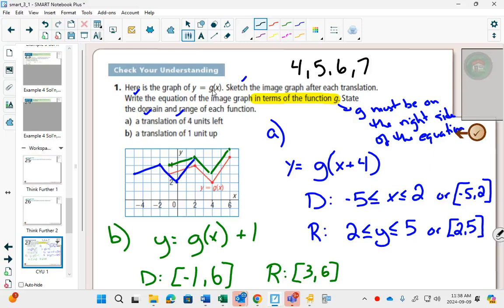After just doing this one example, you can now do questions 4, 5, 6, and 7. The next thing I'm going to get you to do is after writing 4, 5, 6, and 7, turn to page 169, and then circle number 4, circle number 5, turn to page 170, circle 6, and circle 7.